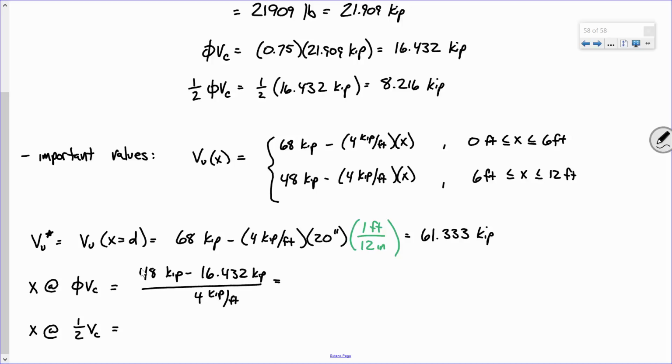All that is taking this lower equation, setting it equal to our shear of interest, and solving for x. That's it. And then this next one would be 48 kips minus 8.216.